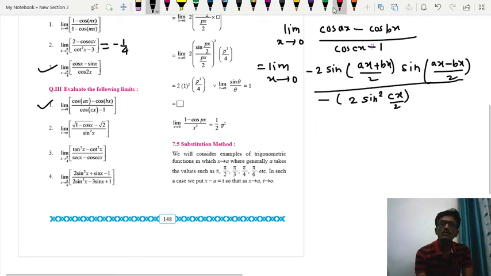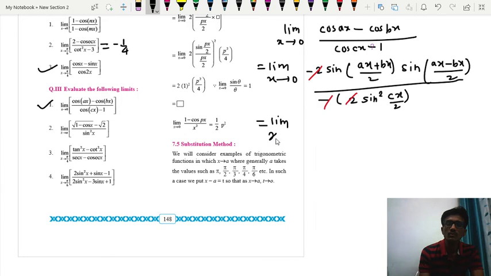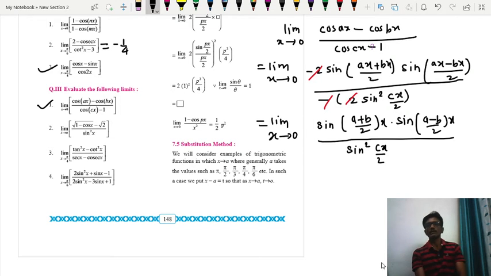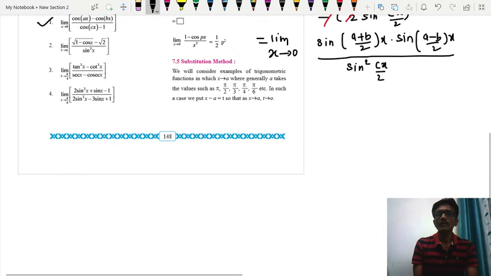Now this minus 2 and this minus 2 is getting cancelled, and what we get here is limit x tends to 0 of sine of (a plus b) upon 2x into sine of (a minus b) upon 2x, upon sine square of cx upon 2. Then here we divide numerator and denominator by x square.